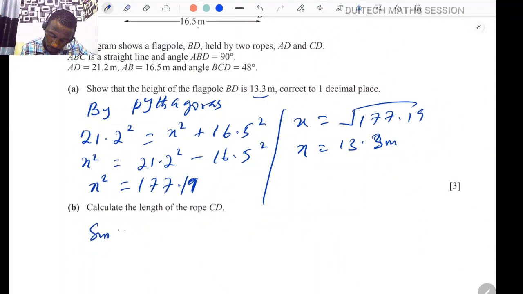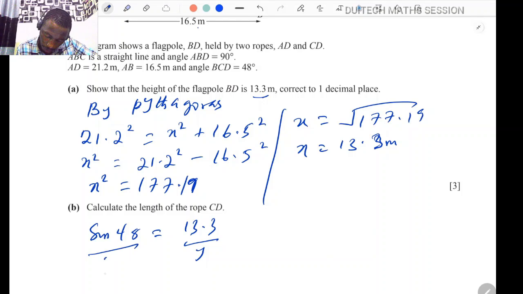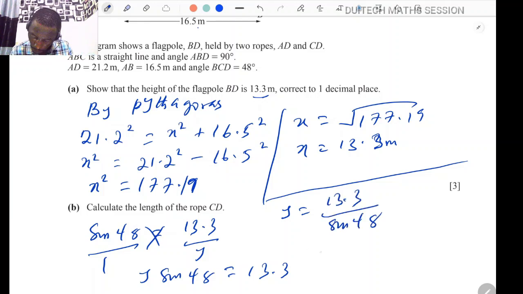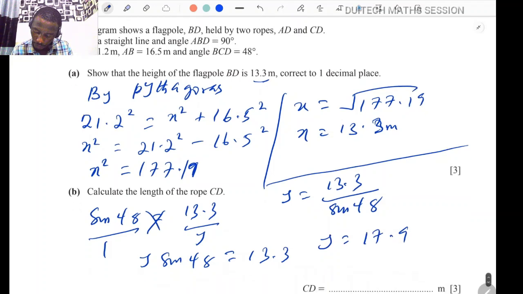Sine 48 is equal to 13.3 over y. Cross multiplying, y sine 48 is equal to 13.3, so y is equal to 13.3 over sine 48, which is 17.9. So that is the answer here.